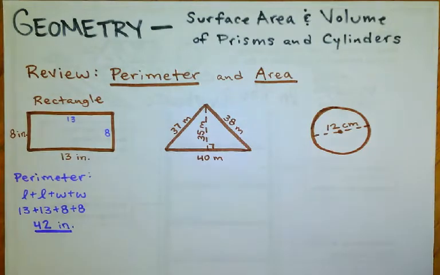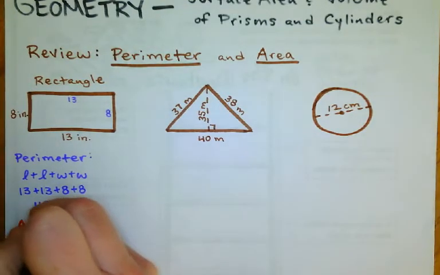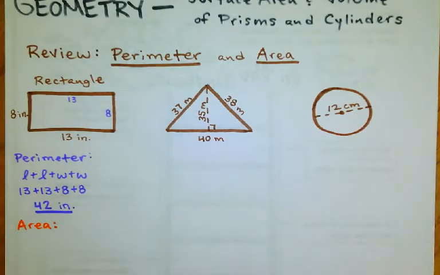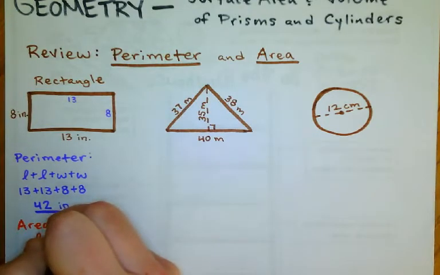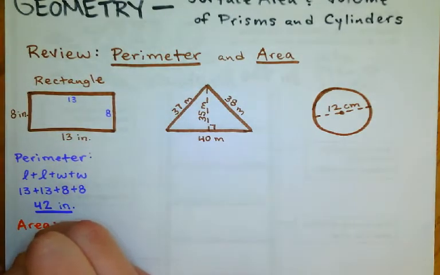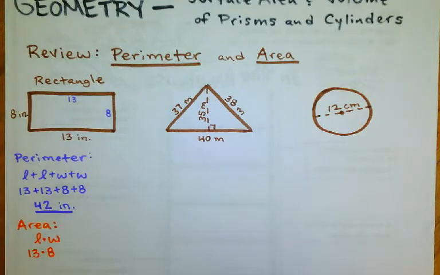Alright, if we want to find area of a rectangle, do that in a different color. Area of a rectangle is just going to be length times width. So we're going to take our length, 13, times our width of 8, and we end up getting an area of 104.